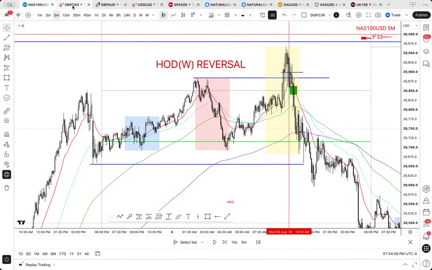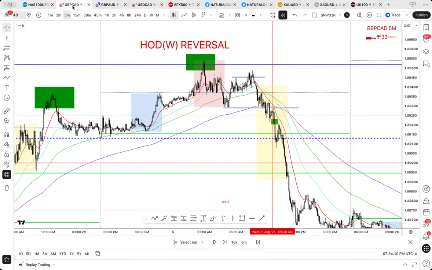And as you know, I'm going to have plenty of examples of the same setup. There may be different variants of this setup, but for example, this is a high of week reversal as well. The entry may not have been at the high of the week because I'm not trying to pick the top.